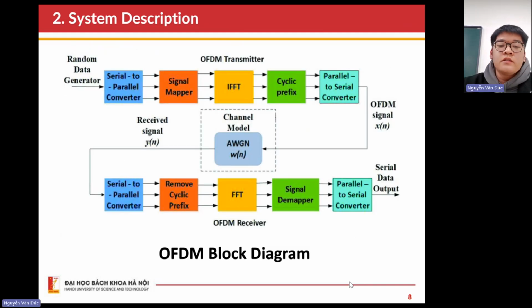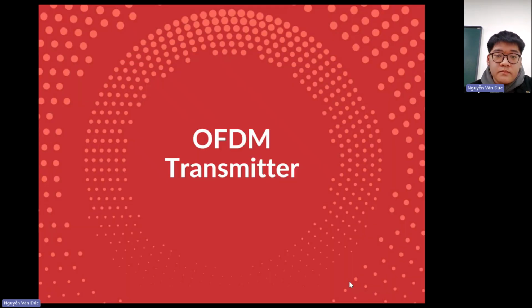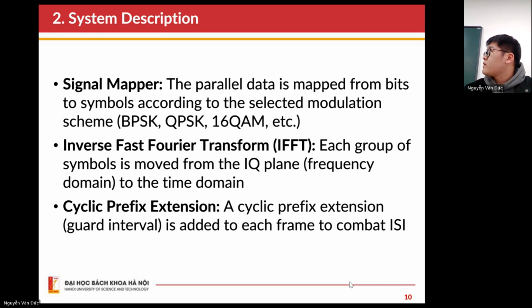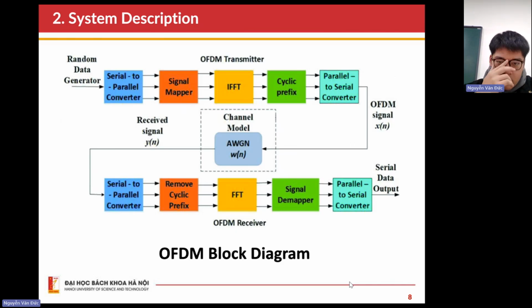And this is an OFDM block diagram. It will have a transmitter, then the signal is sent to the channel model, and finally the receiver. In the OFDM block diagram, our input is a serial bit stream.